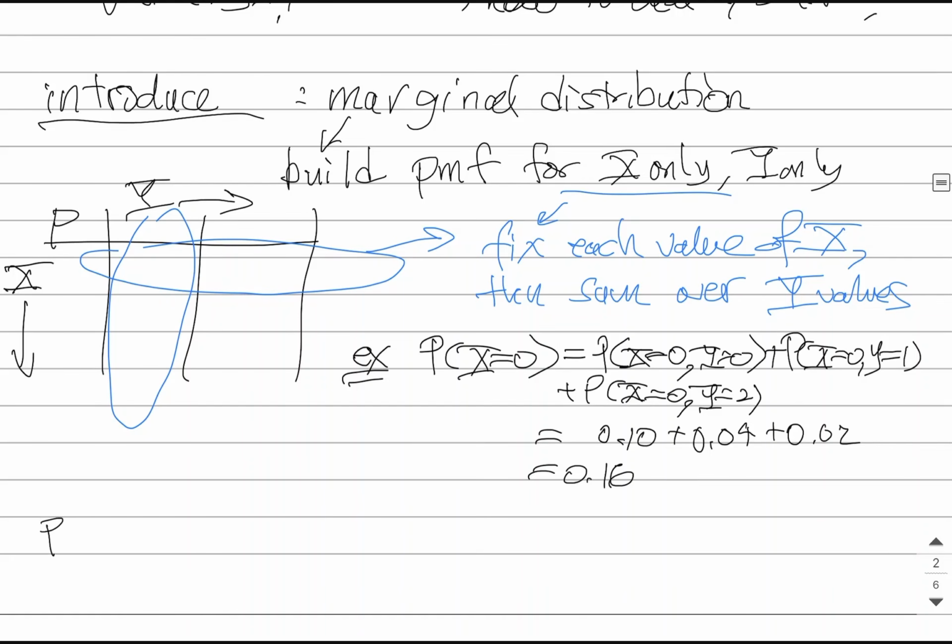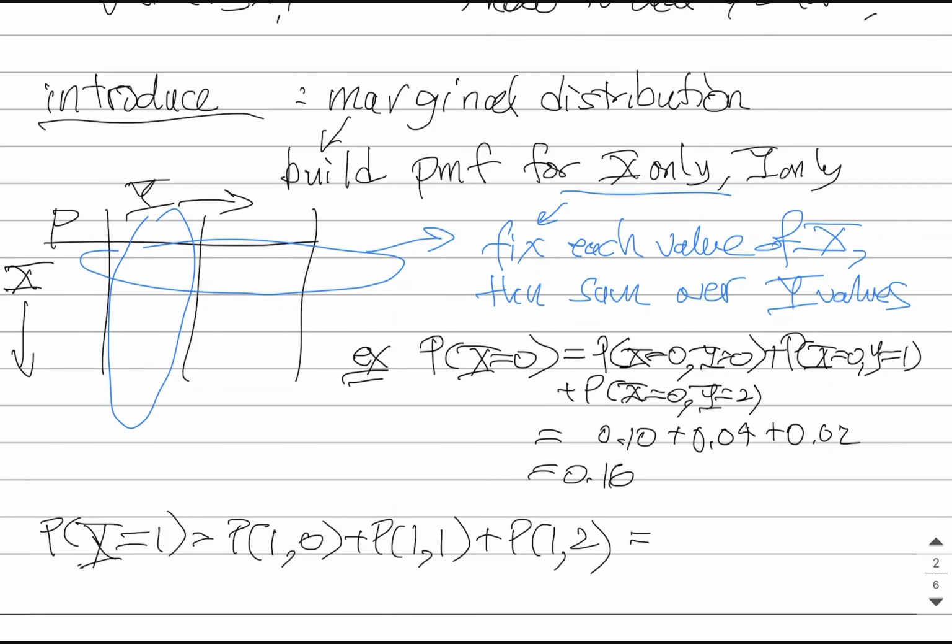Now, if I were to do the same thing for the outcome x is 1, I would take every outcome where x is 1 and then sum over the y's. So in this case, we are going to take the first entry to represent the x, the second entry to represent the y, and I'm being really lazy with the notation, but I think you can follow along.